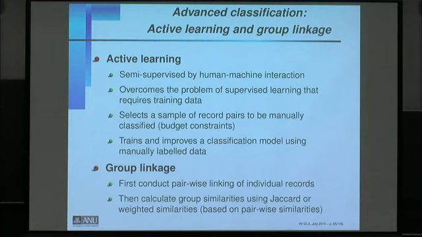So the question is, which are the best record pairs to give for manual classification, which helps the classifier most? We don't want to give a classifier randomly selected record pairs. As we discussed before, most of them are going to be non-matches. We don't want to give record pairs which are highly similar either. We want to select pairs which are highly difficult, the ones close to a decision boundary.